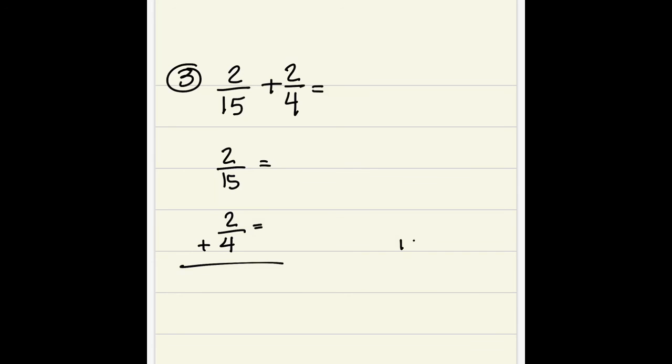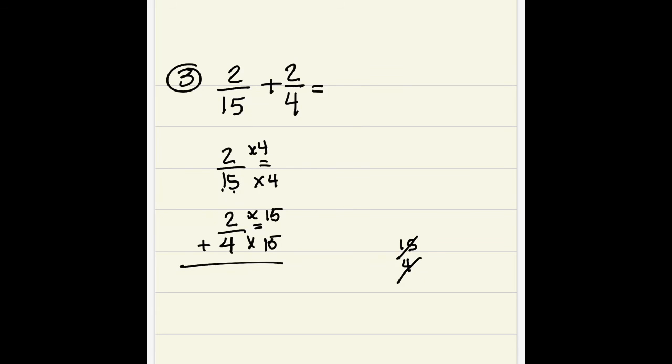So one thing you could do is you could list your numbers. Now I'm going to tell you something else that you could do if you didn't want to do this. You could say, well, I'm going to multiply this by 4 because that's 4, and I'm going to multiply this by 15 because that's 15.